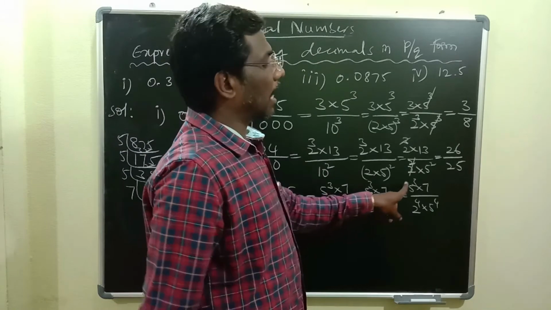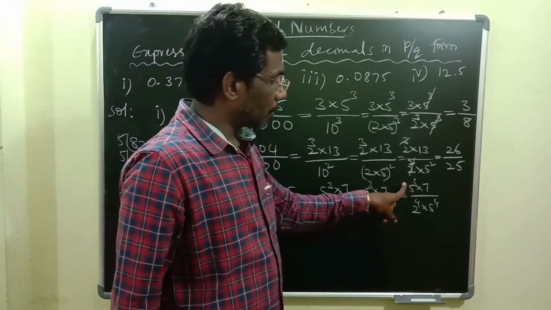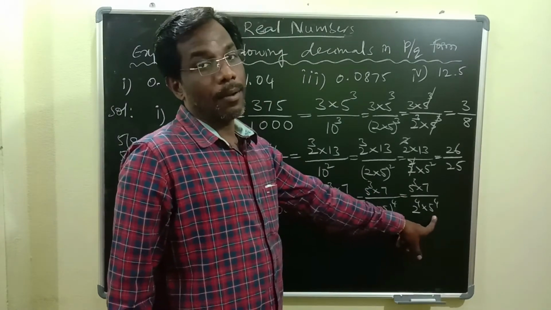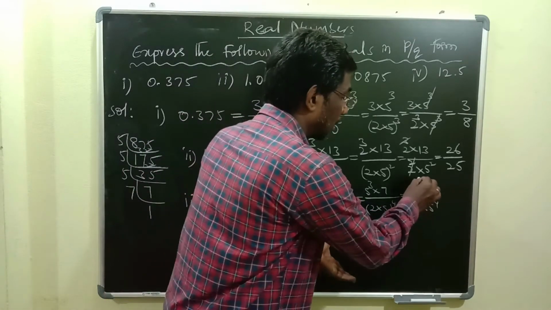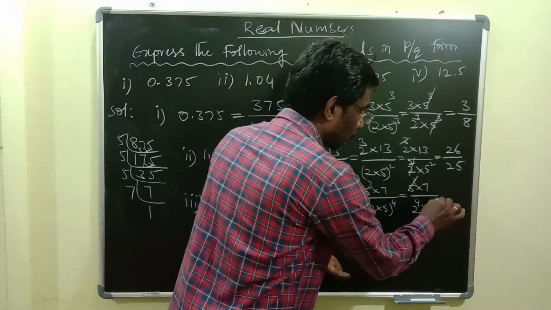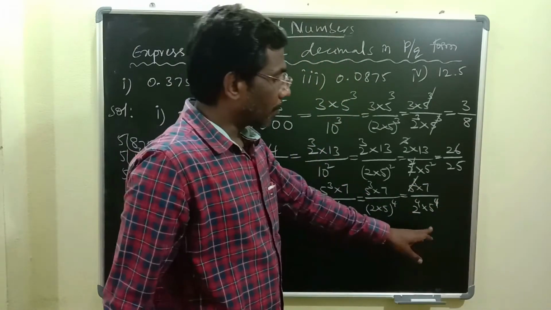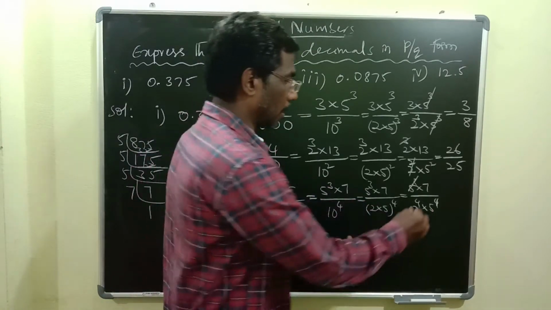In the numerator we have 3 fives and in the denominator we have 4 fives. If we cancel 3 fives, 1 five remains in the denominator.